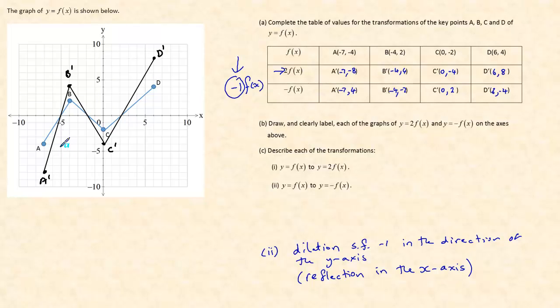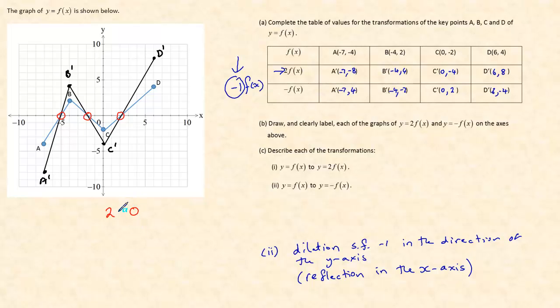Now, every single point on the black function is twice as far away from the x-axis as the corresponding point on the blue function. You'll notice that they cross the x-axis at the same points, and that's because when the function crosses the x-axis, its distance from the x-axis is 0.